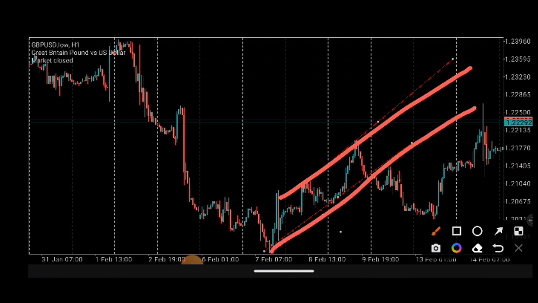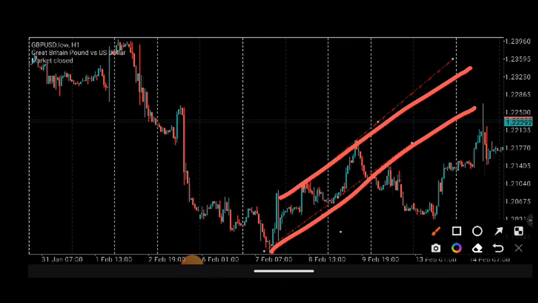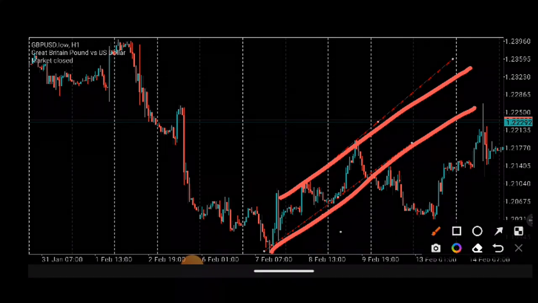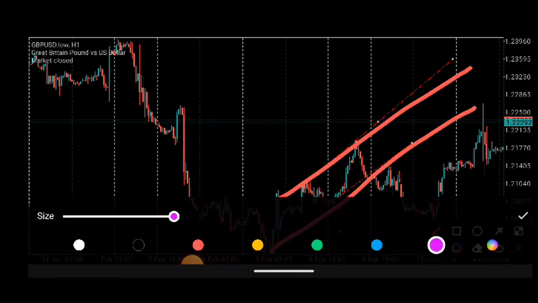This is not a dynamic support and resistance. This is just a market moving upward. It has not established any higher high or higher lows. My eyes are just deceiving me. So it's very important to recognize the structure. It must become smaller at the top. The higher you go, the slimmer the lines should be, like this.